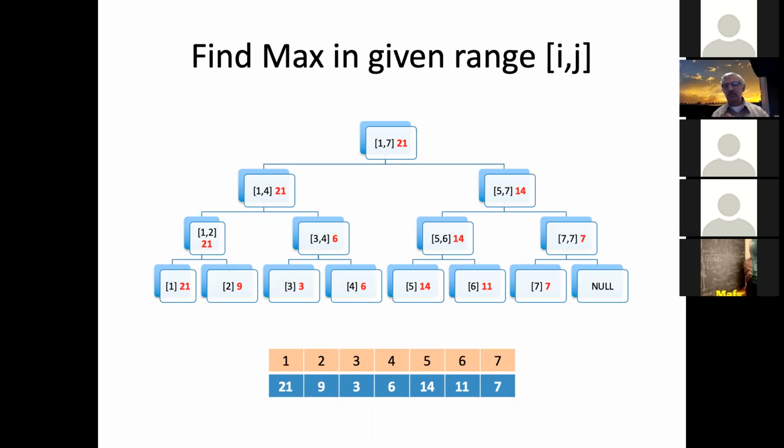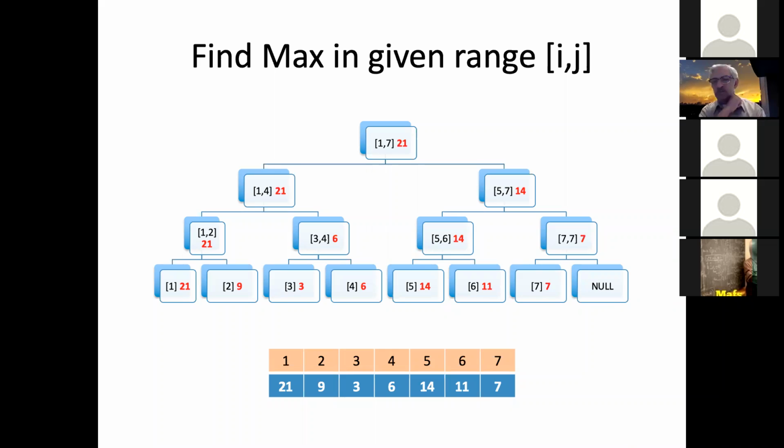If it is completely in the left subtree, we'll just go there and figure things out. If it's completely in the right subtree, we'll go there and figure it out, and we'll be done. The problem is if it starts in the left subtree and ends in the right subtree, that's when we're going to have some trouble. And that's what we are going to look at next. Is this part clear to everyone? Yes.